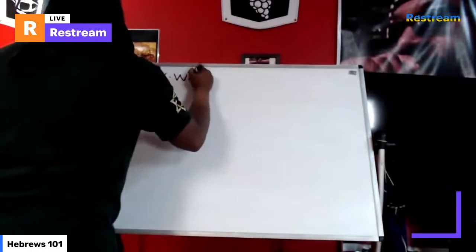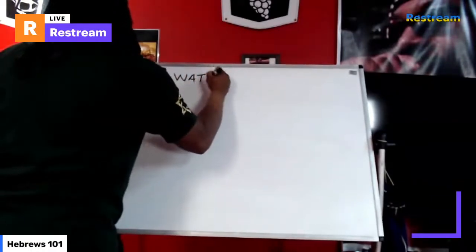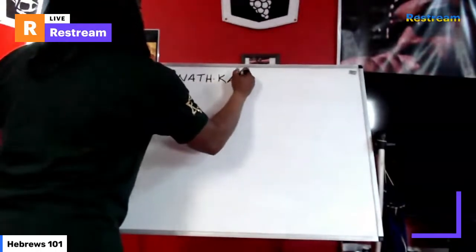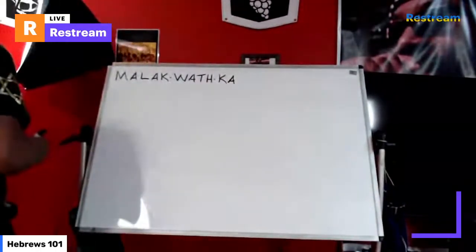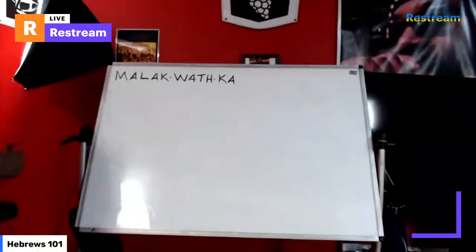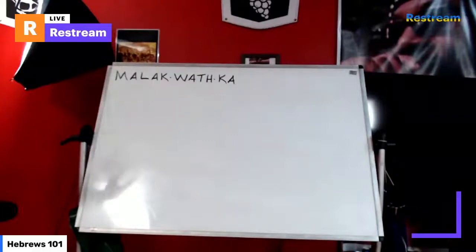We have Malak Waf Salaki. Yes, sir. It would be Yahweh Malakwa. The only reason I did not write down Yahweh is because I don't remember us actually saying Yahweh during the prayer.